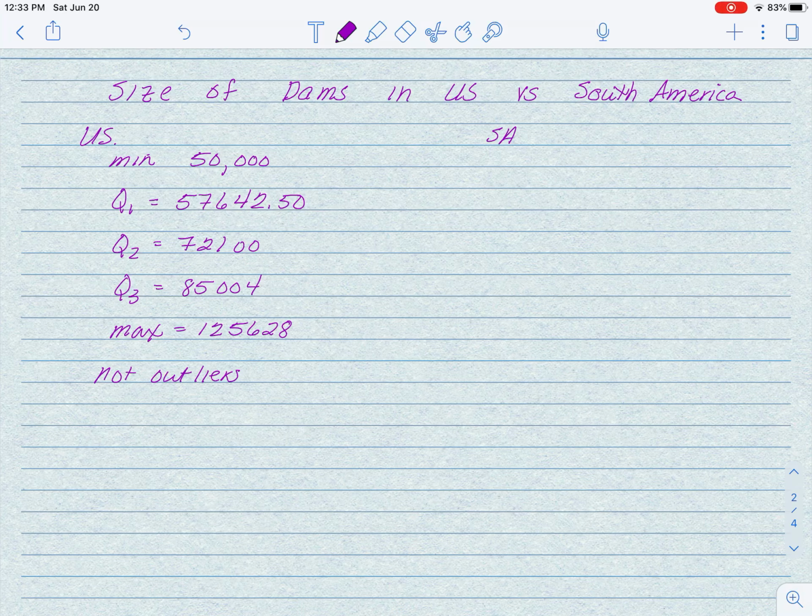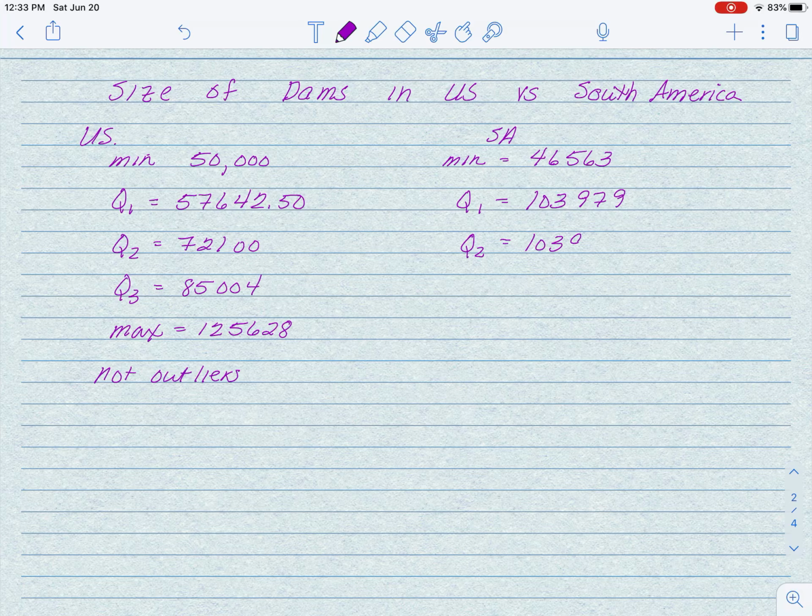South America has a minimum of 46,563, a Q1 equals 103,979, a Q2 equaling, whoops, wrote wrong, that was Q2. Let's fix that.